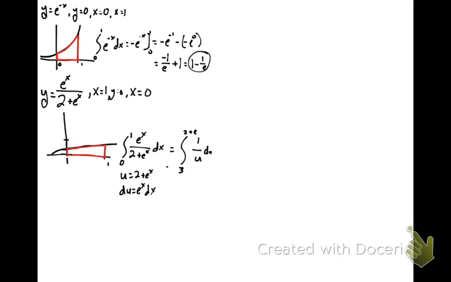When we integrate this, we end up with the natural log of the absolute value of u from 3 to 2 plus e, and by substitution then, this will be the natural log of the absolute value of 2 plus e, which is positive, minus the natural log of 3.